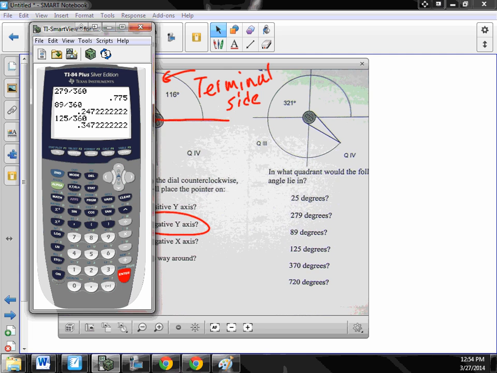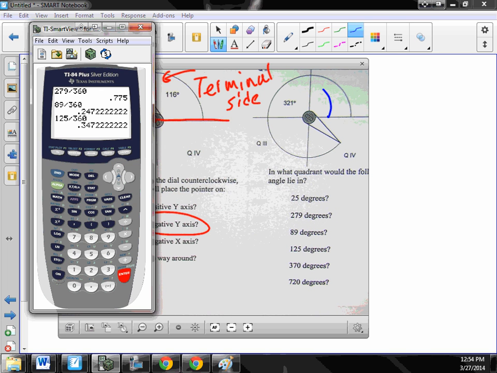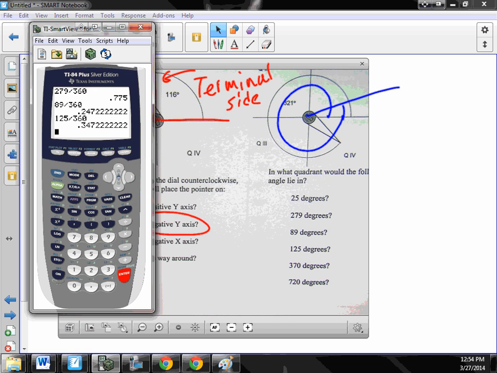370. Where's that going to land? 1. Why? All right, if I draw this picture, we start in standard position, we go all the way around, and 10 more degrees. So the terminal side is going to be right there. If I find the decimal, what would it be? 1.1, 1.2.